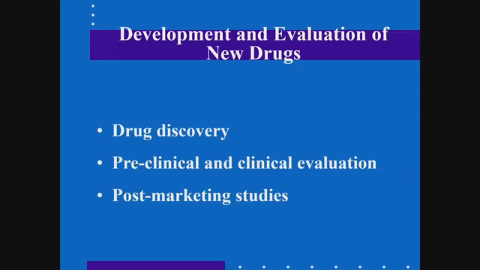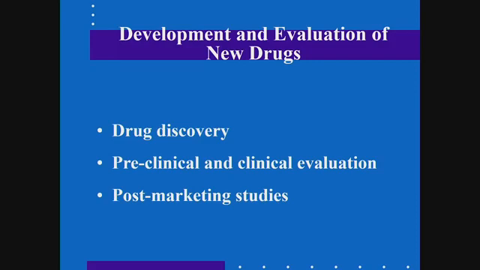We start with drug discovery, and this is a process in itself that will be addressed in detail in another session of this course. Then we have preclinical, meaning animal testing of candidate drugs, and eventually clinical evaluation to demonstrate safety in humans and whether or not the drug is effective in a given clinical condition.